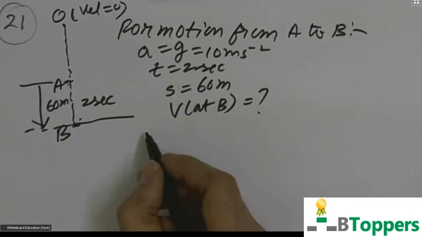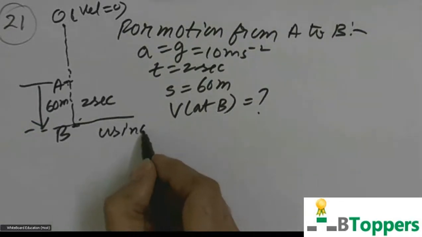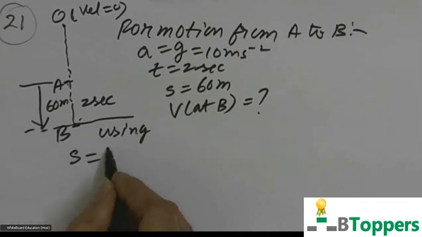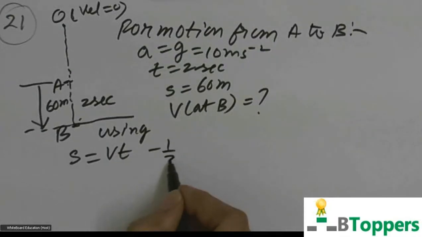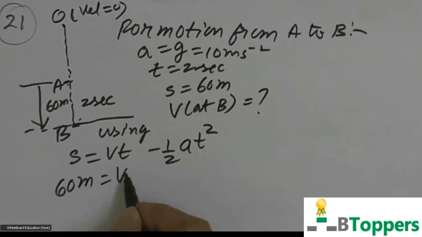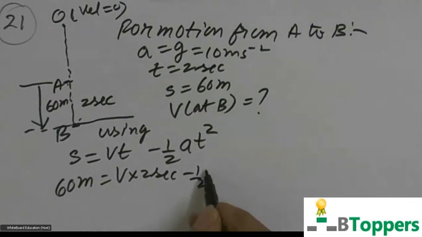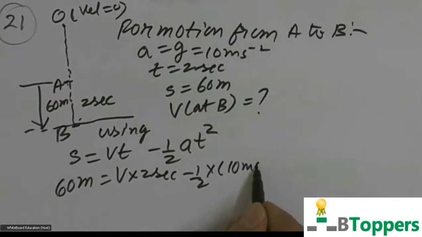So you can use the equation s equal to vt minus half at square to find the velocity at B. s is equal to 60 meters here, time of motion from A to B is 2 seconds, and the acceleration is equal to 10 meters per second square.